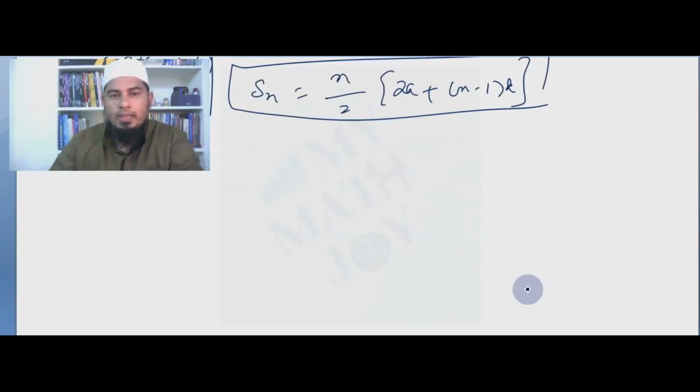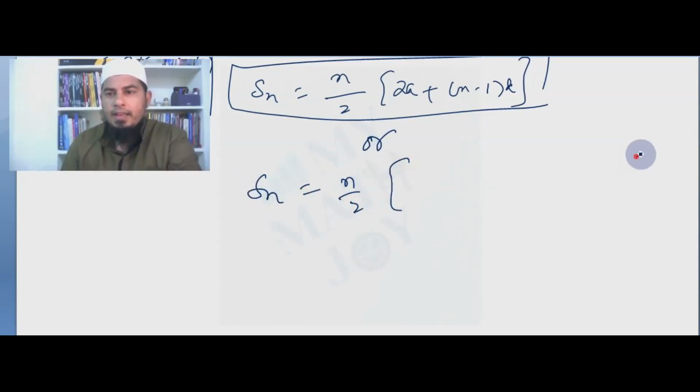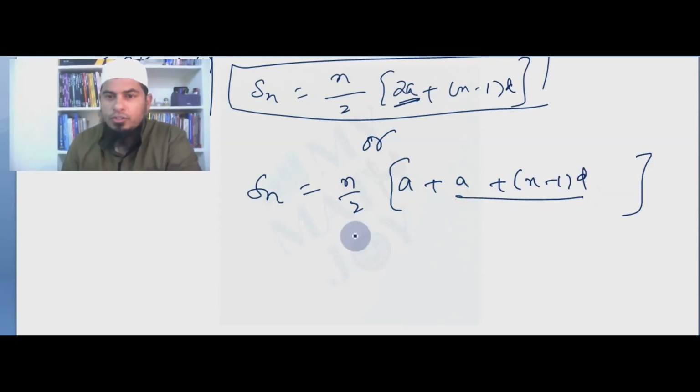This formula is the sum of n terms of the AP. If you clearly observe this formula, if I write inside, instead of 2a, a plus a, nothing will happen, and this again denotes the same thing in a different manner.